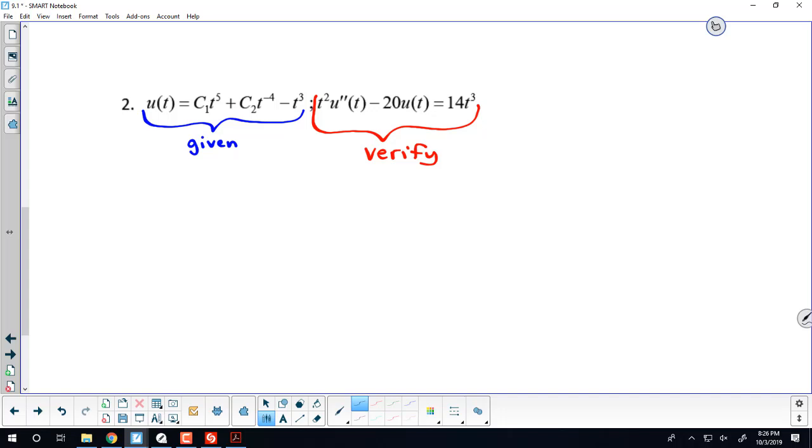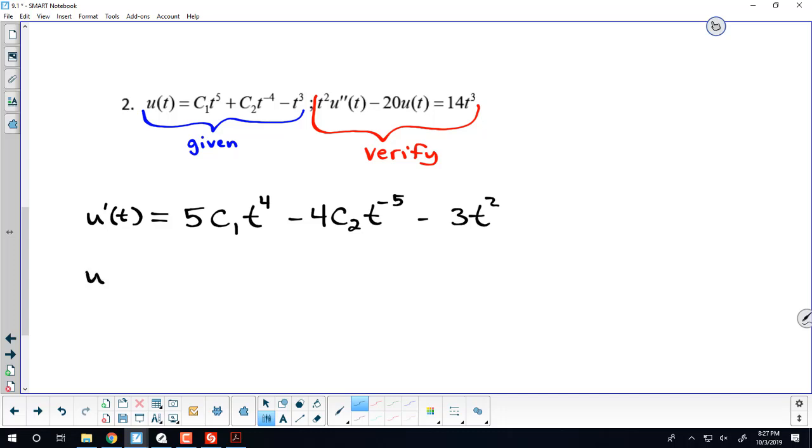So we need to find the second derivative of u of t. First derivative of u of t. Second derivative.